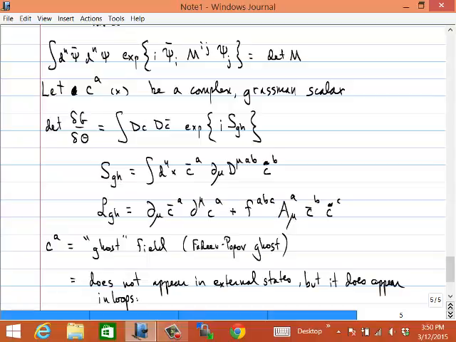So if we only are interested in tree-level physics, then we don't need to care about this ghost field. But if we want to study loops, then we need to introduce this ghost field. And because it's a Grassmann-valued field, an anti-commuting field, there'll be the usual -1 associated with every loop of the ghost field C.